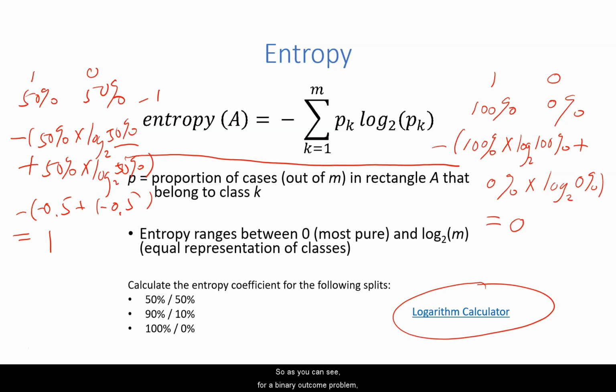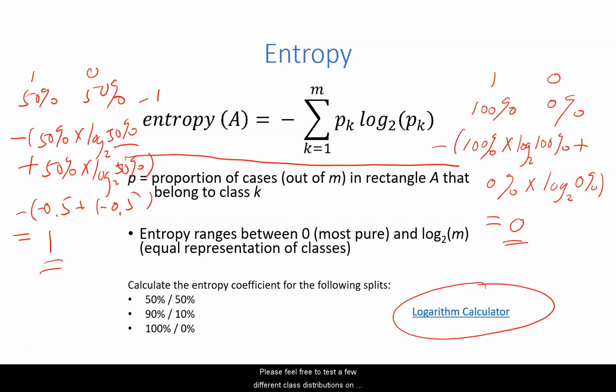So as you can see, for a binary outcome problem, the entropy value would range from 0 to 1, with 0 indicating a completely pure subset and 1 indicating a completely impure subset. The closer the entropy is to 0, the purer the subset is, and similarly, the closer the entropy is to 1, the less pure the subset is.